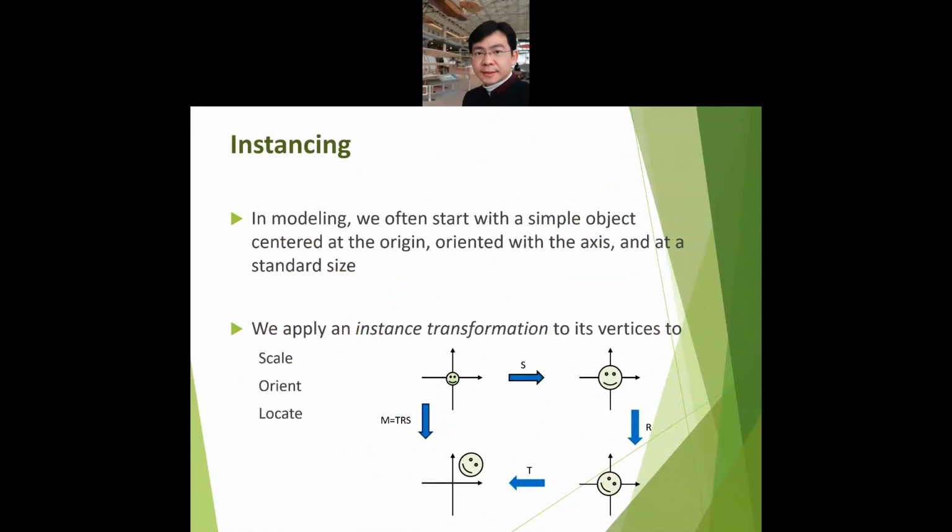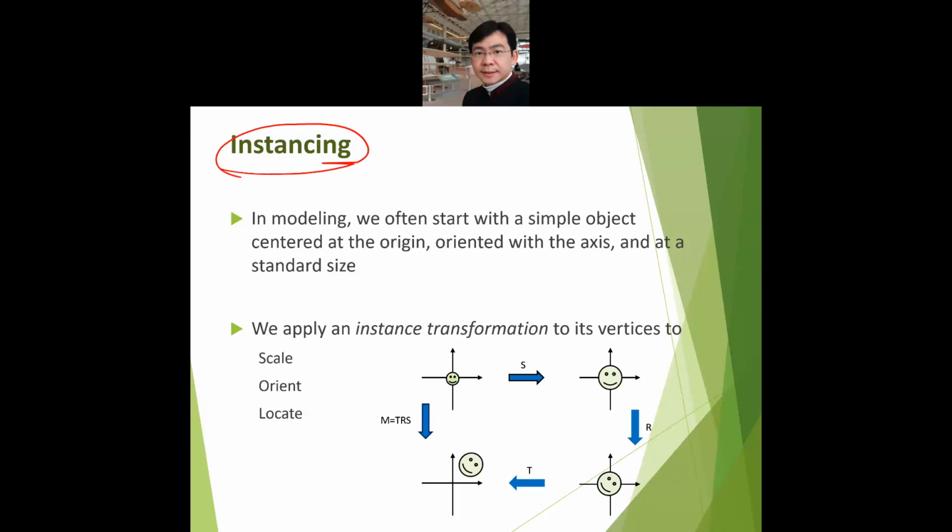Okay, so we already know that given a sequence of transformations, we can do something more complex compared with a simple rotation or translation. One idea is called instancing.